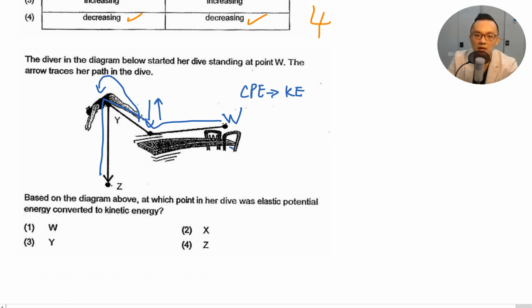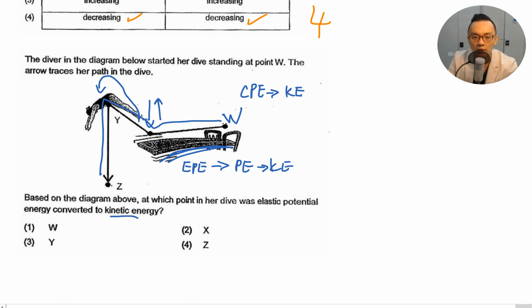So it's actually the elastic potential energy of the board going into kinetic energy. Okay, so at which point in the dive was elastic potential energy converted to kinetic energy?